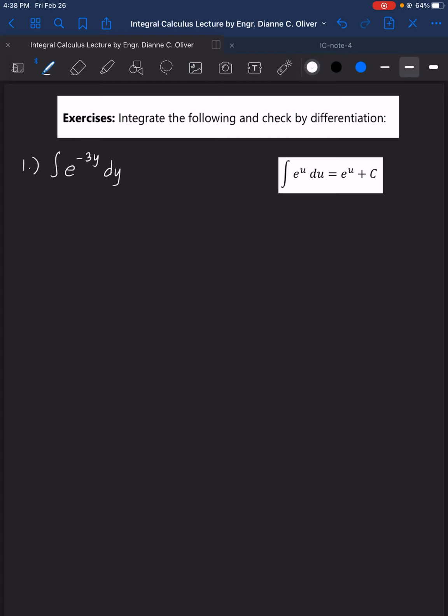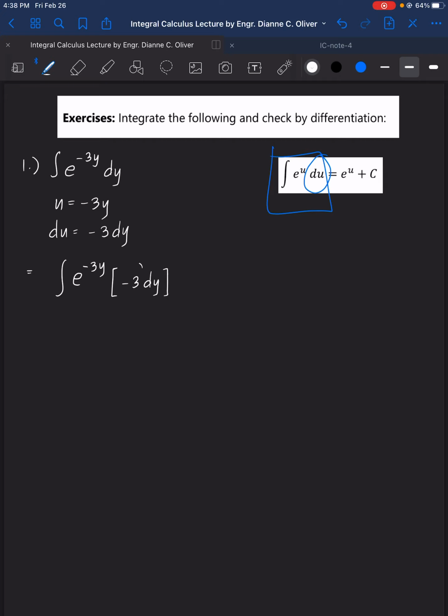If we let u be equal to negative 3y, the exponent, then du is negative 3 dy. And using the pattern, we copy e raised to the u, which is negative 3y, and the du, that is negative 3 dy.